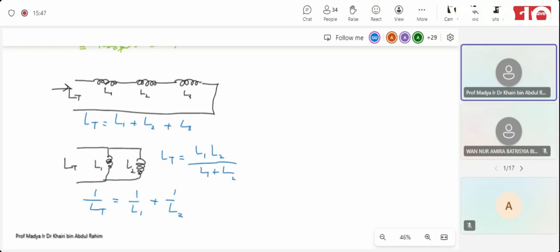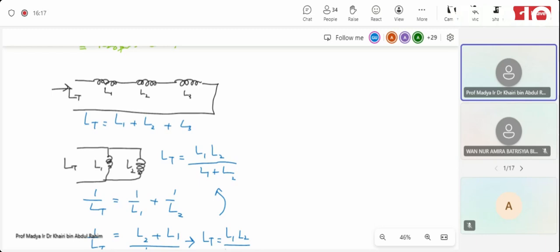Essentially it is the same thing, so no need to worry about this. Therefore LT equals L1 L2 over L1 plus L2, the same as above.